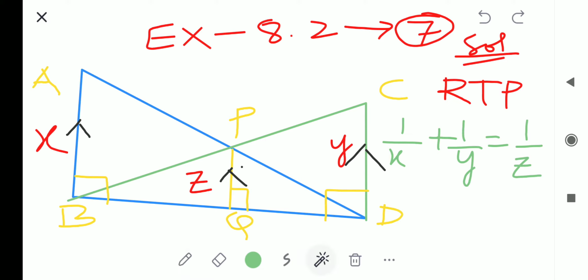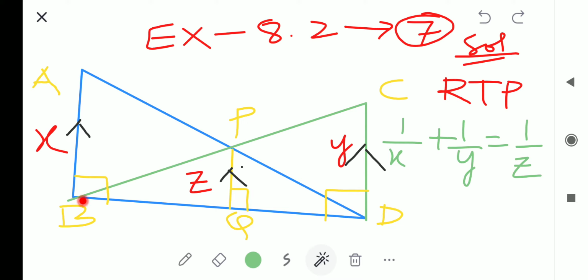First I would like to take triangle ABD. In this, first side AB, second side BD, third side DA, in which a line PQ is drawn parallel to AB.